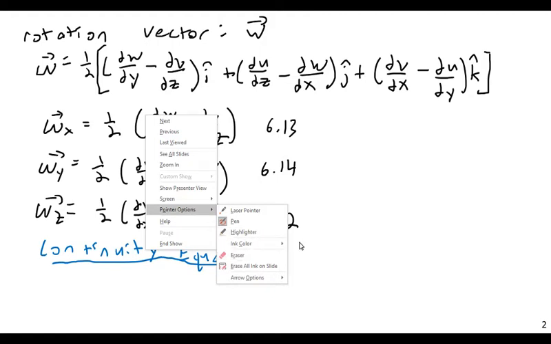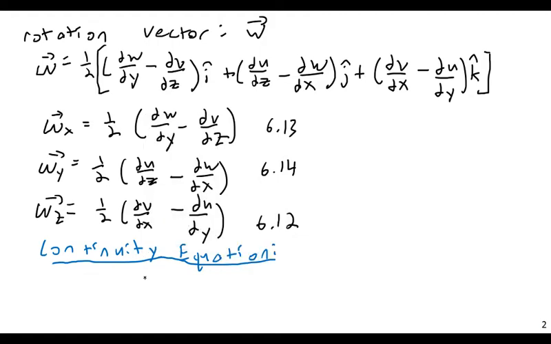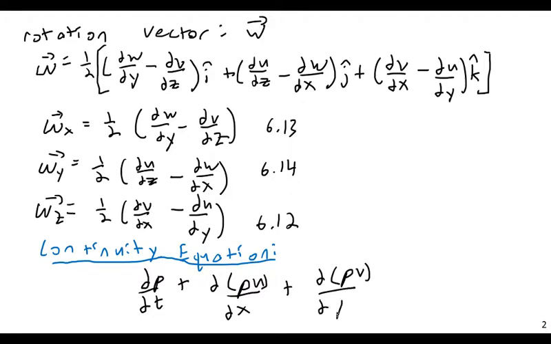Which states here the partial of rho with respect to time, that's rho density, plus the partial of rho u with respect to x, plus the partial of rho v with respect to y, plus the partial of rho w with respect to z.